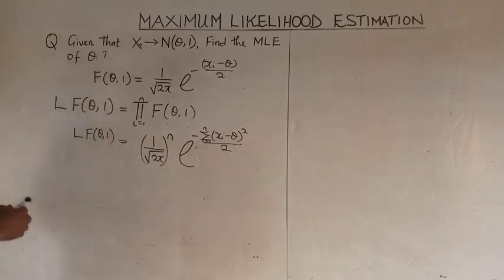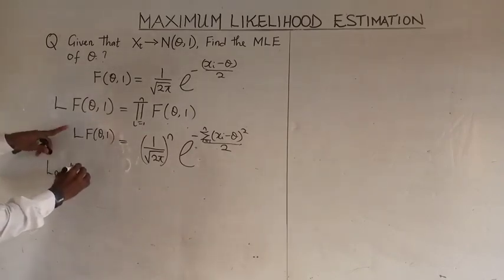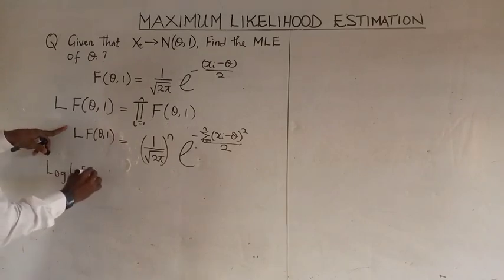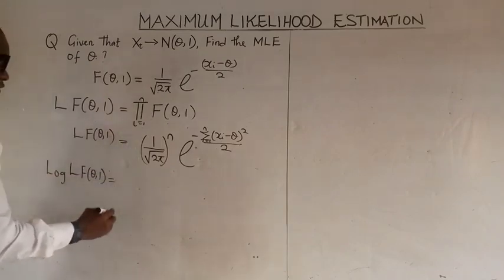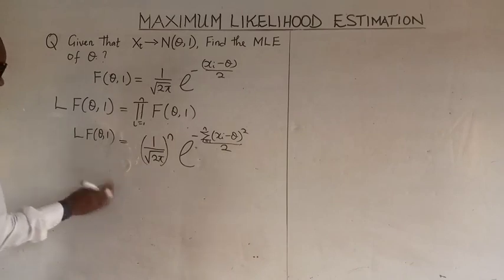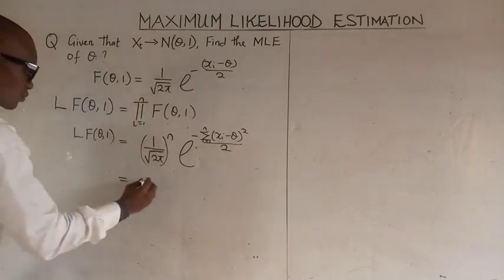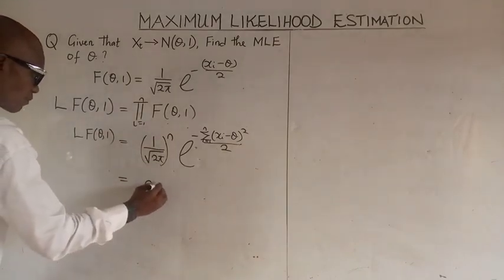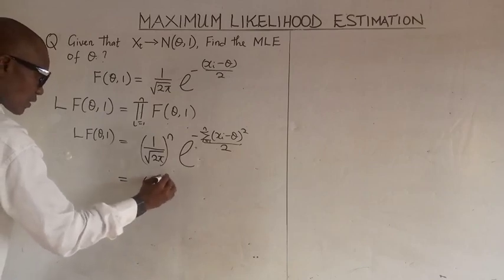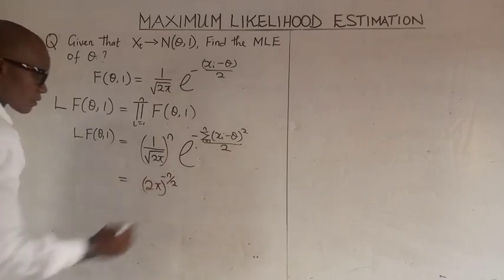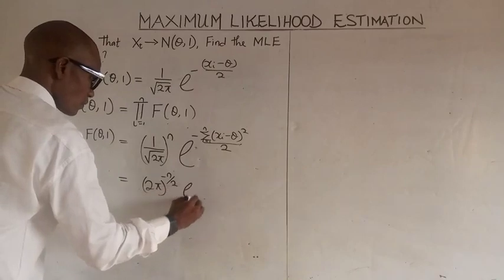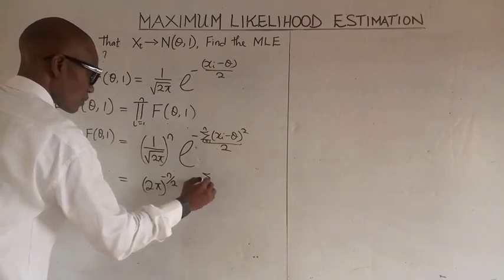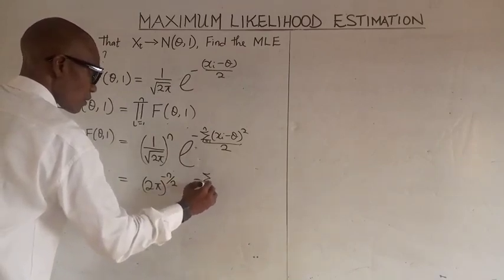The next thing to do is to take the log of this. But before we take the log of the function, it's best we arrange it to this form so that it will be easier to take the log.